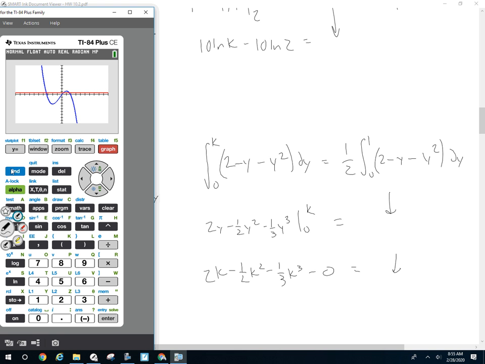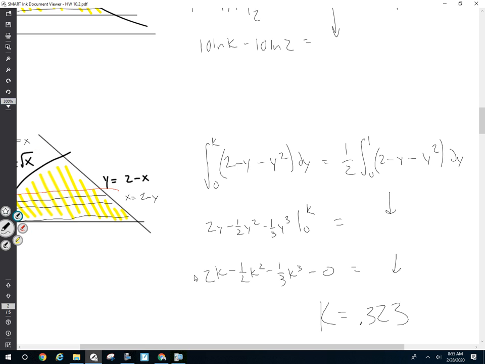We think it's a little bit less than 0.5. Second, calc, intersect. We can see what the other curve is. So this is the area, 0.58333. No, that would be half of the area. So 1 point something. And there you go. There's my intersection. It's less than 0.5. It's 0.323. All right.